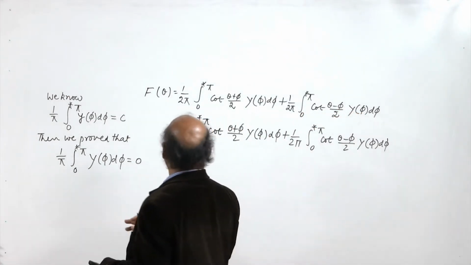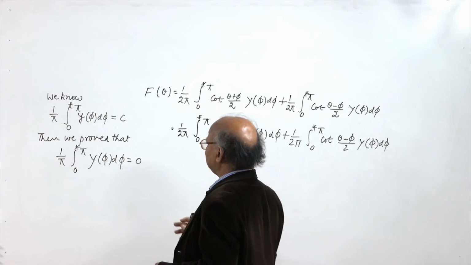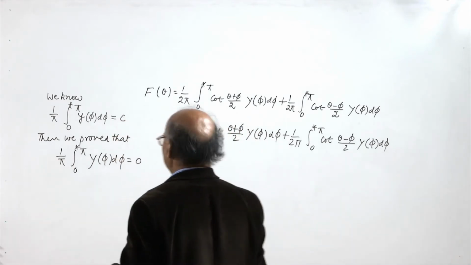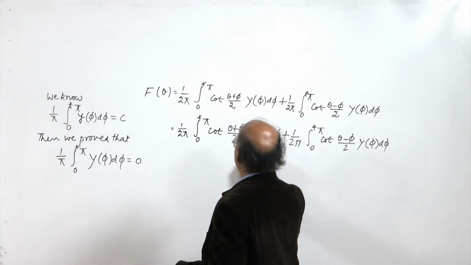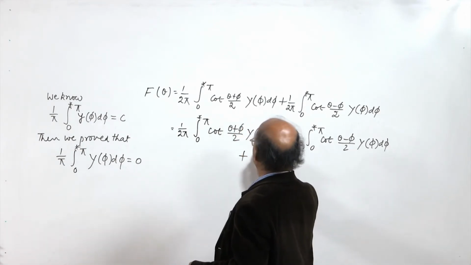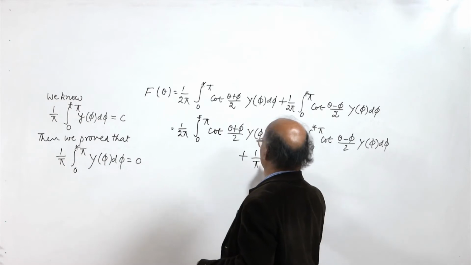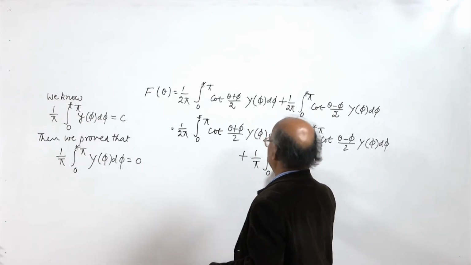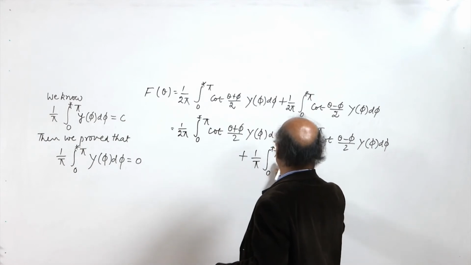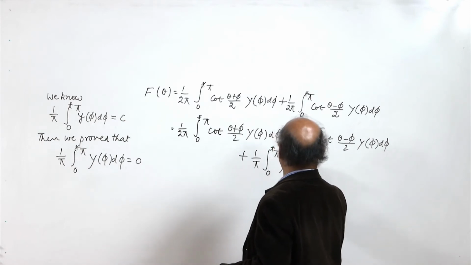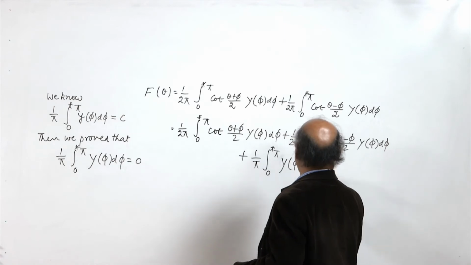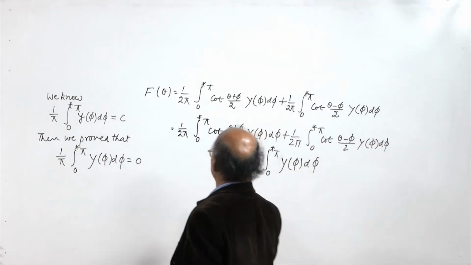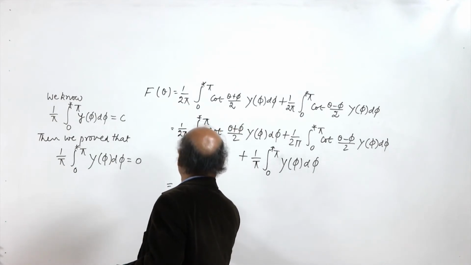So, if we add 1 over pi integral 0 to pi of y phi d phi here, we are actually adding 0, so there is no change.